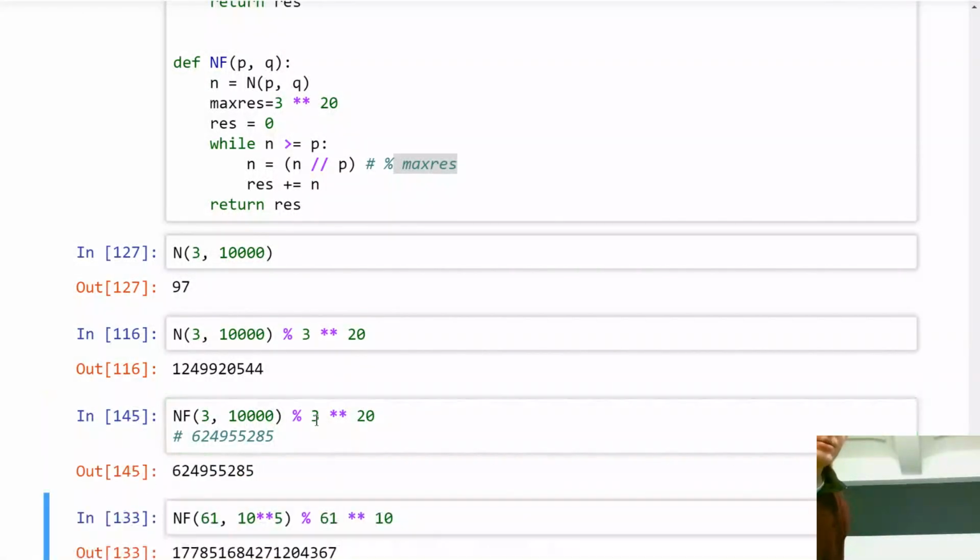So it's 3 to the power of that number. So the question is, we want to have the number of p factors. Okay, so p n.